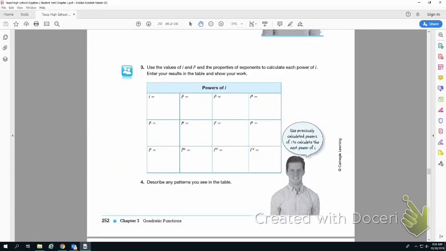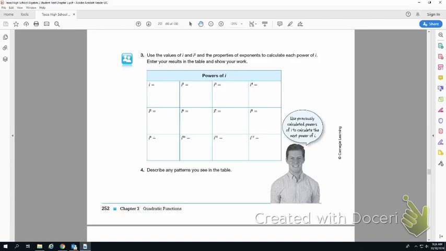So, coming down here, we're probably not going to go through this whole table, but we're going to walk through this and talk about a pattern of i based on what that exponent is. So if I have i to the first, that is obviously going to be i.